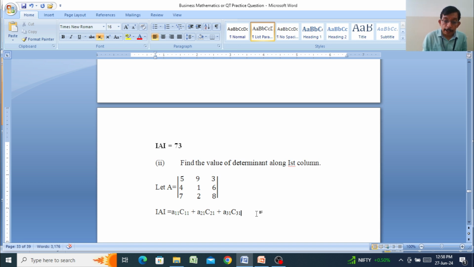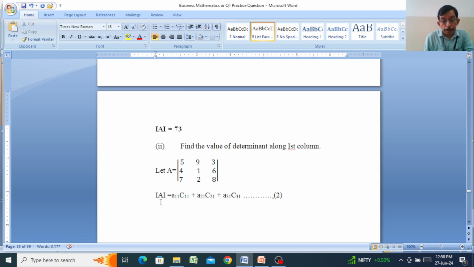Now take equation second. Now first we calculate the cofactors. The first cofactor is C11.